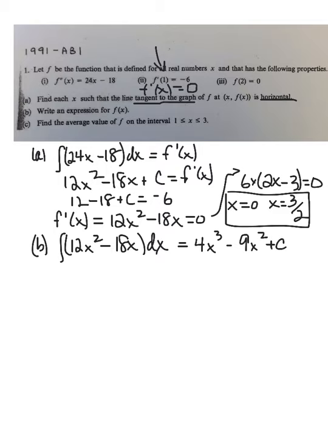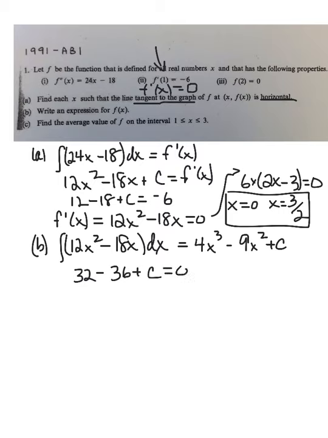Okay, then we're going to take the conditions that they gave us right here. And so we'll plug in 2 for x, and we're going to set it equal to 0 so that we can find our c value. So we are going to plug in 2. That's going to be 8 times 4, which is 32, minus 36, plus c, and we're setting it equal to 0.